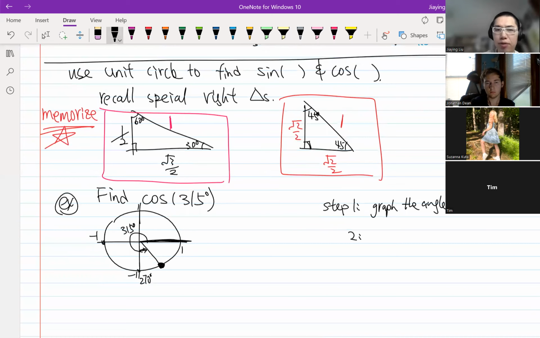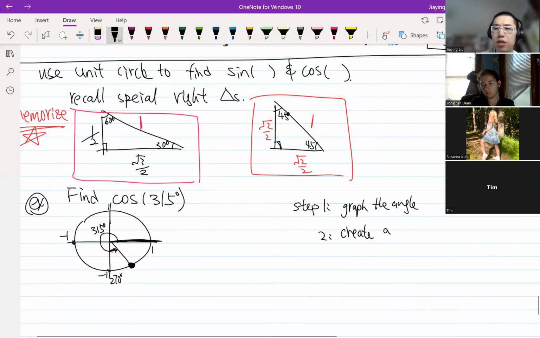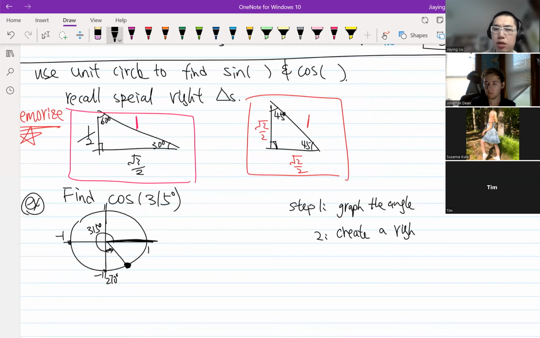The second step, we're going to use that point on the circle. We're going to create a right triangle using the x-axis.